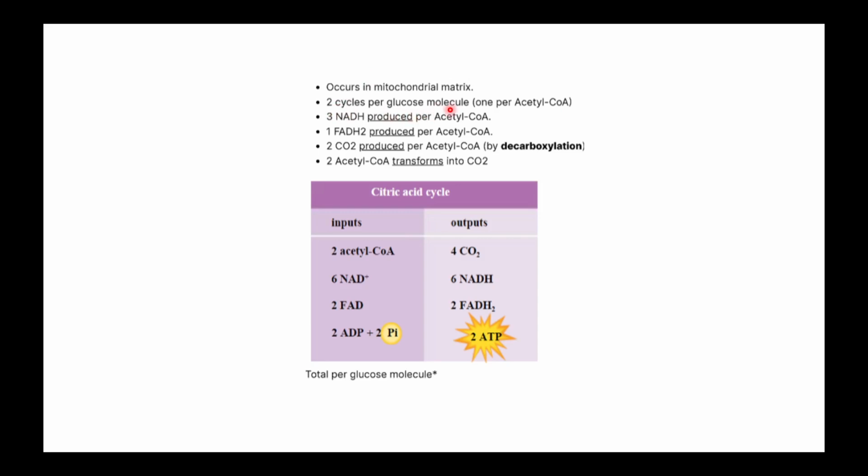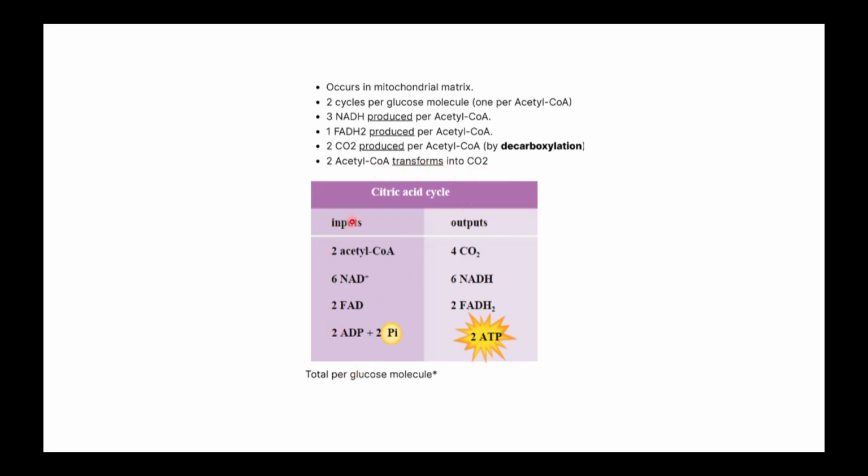So 2 cycles per glucose molecule and 3 NADH produced per acetyl coenzyme A, 1 FADH2 produced per acetyl coenzyme A. That means for one glucose molecule, we have 6 NADH and 2 FADH2. 2 CO2 produced via decarboxylation, as we saw from the 6 carbon moiety to the 5 carbon moiety, alpha ketoglutarate, then succinic acid, the 4 carbon moiety. Like that, the cycle was progressing.